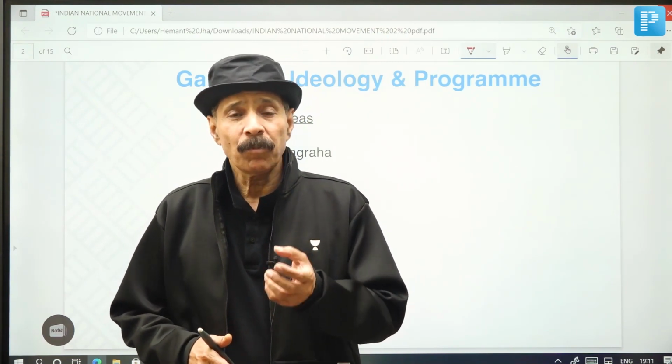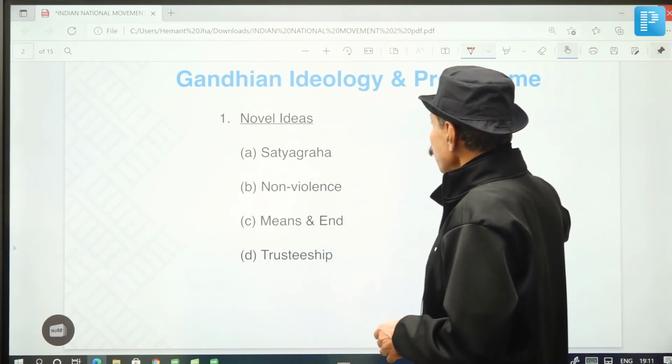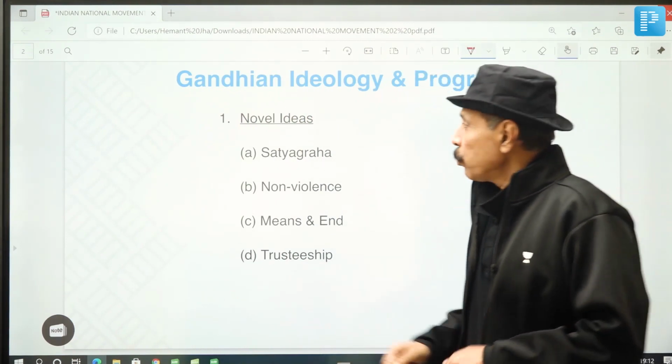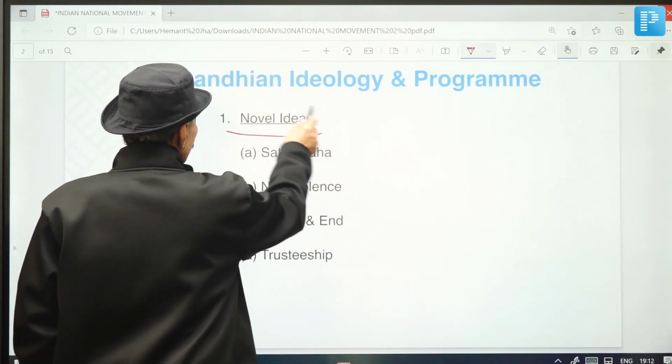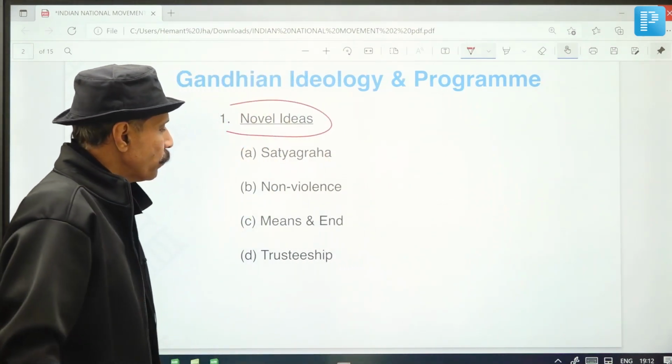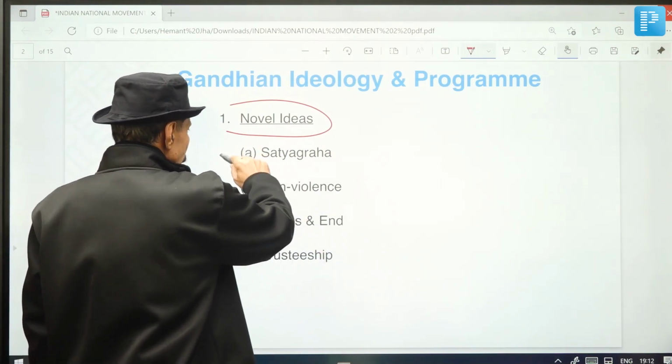So the first important aspect for you is Gandhian ideology and program. Under Gandhian ideology and program, the first aspect is the novel ideas. And the first novel idea is Satyagraha.